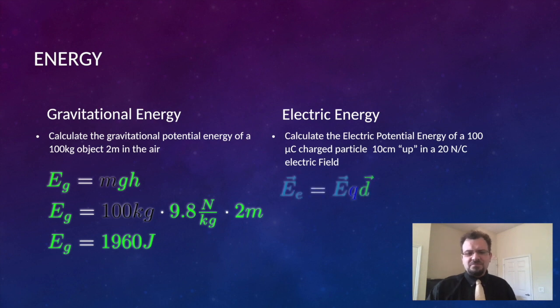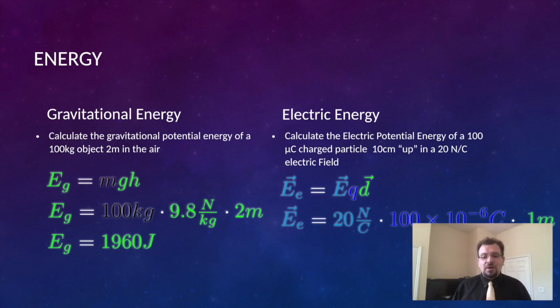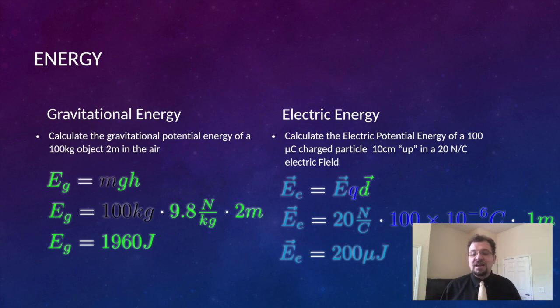So that electrical energy is going to equal the electrical field times the charge times the distance that you've gone in it. So 20 newtons per coulomb times 100 times 10 to the minus 6 coulombs, that's the 100 microcoulombs, times 0.1 meters, doing that conversion from centimeters to meters, is going to give us 200 times 10 to the minus 6 joules, or 200 microjoules.